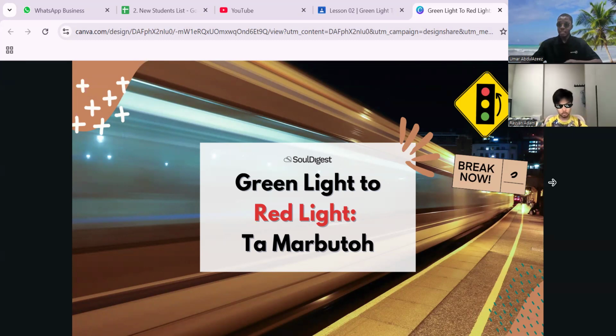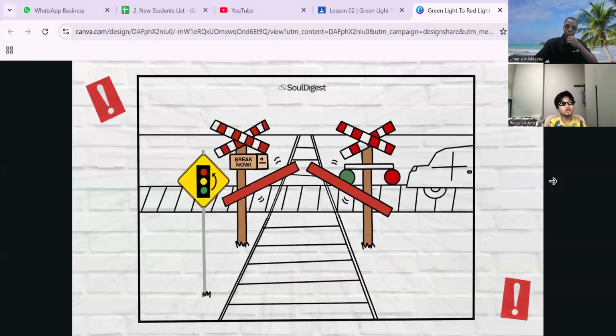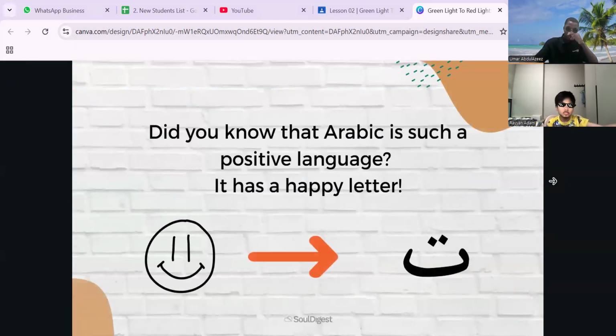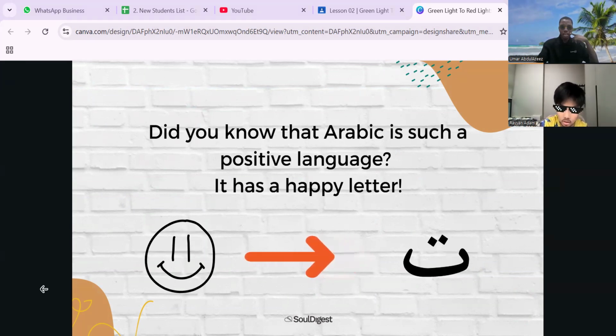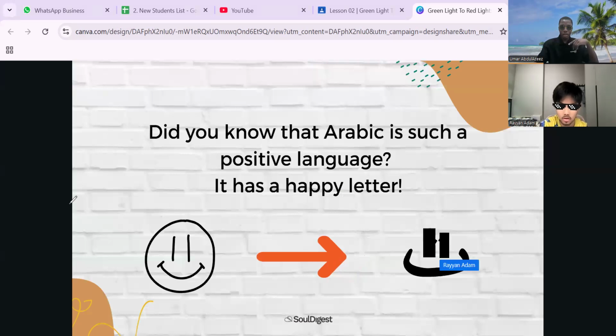Do you know that this Marubuutoh that we are seeing is an Arabic letter that looks like a happy face? Like this one is a happy letter, like Ta Maftuha, which is actually ta, right?